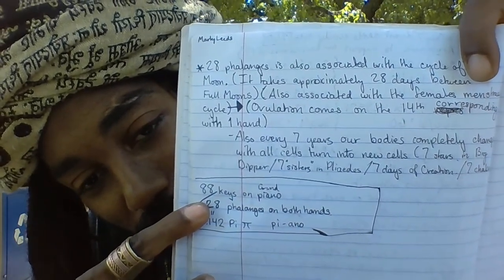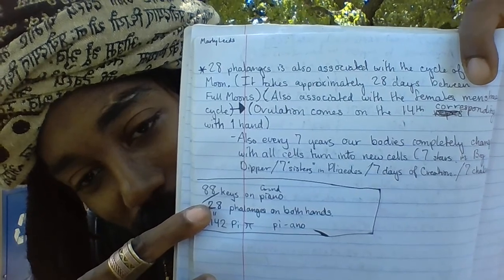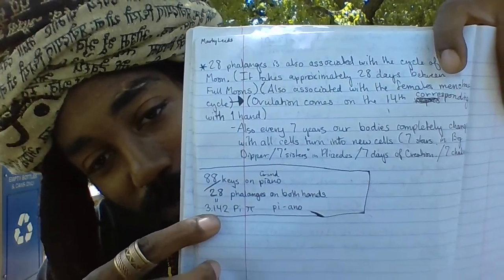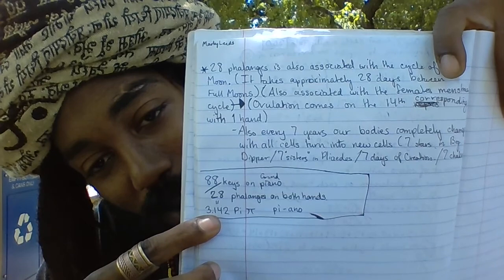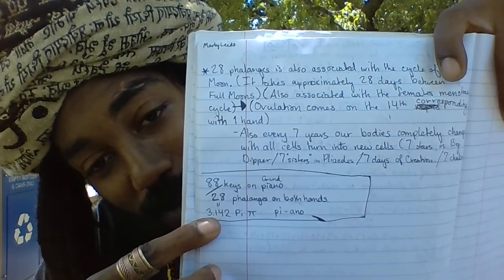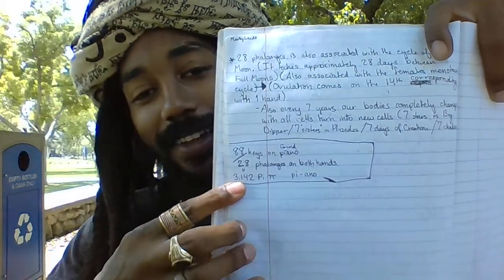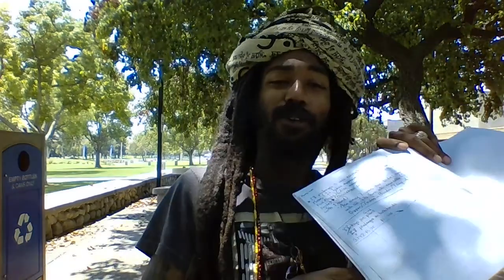You got 28 phalanges in your hand. 28 divided by 88, or 88 divided by 28, gives you a pi. Some of that good old universal pie. Eat that good universal pie, baby.